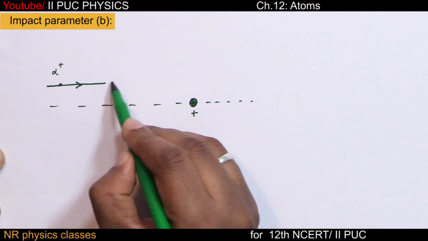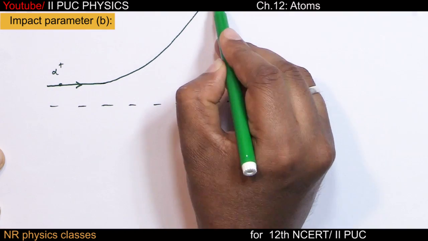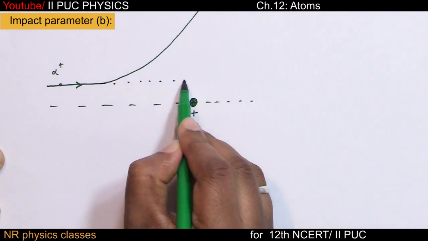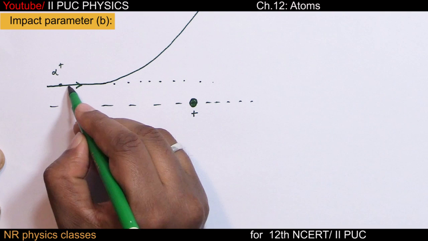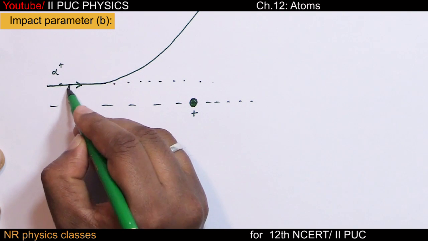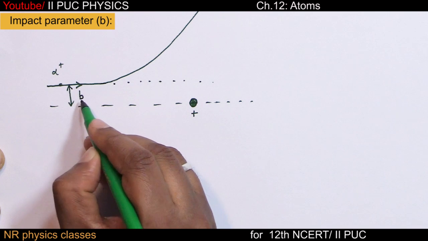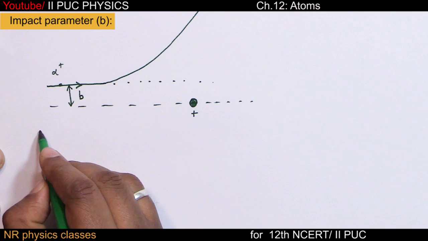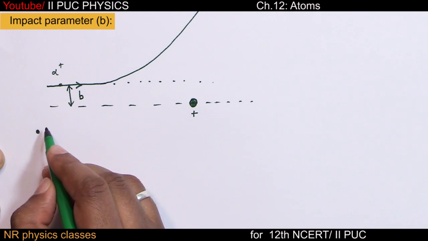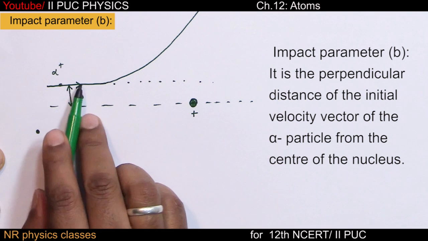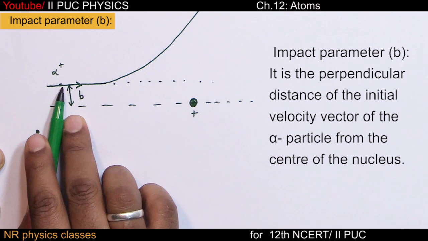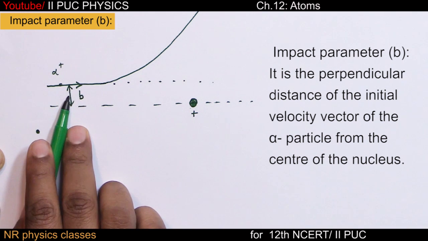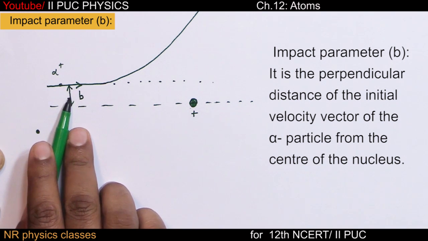Because of that, this alpha particle is deflected like this. Direction of incidence. This shortest distance is called impact parameter, denoted by b. Now, what does impact parameter mean? It is the perpendicular distance of the initial velocity vector of the alpha particle from the center of the nucleus. This perpendicular distance is called the impact parameter.